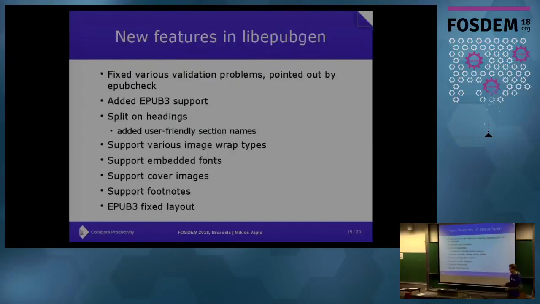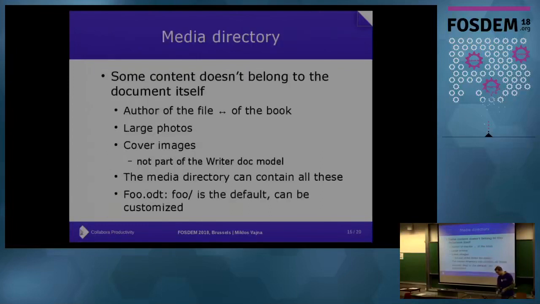So this is a long list of features that I had to add to libepubgen. And this means that by the time of the 6.0 release, also a libepubgen release was made, which is basically the fallout of all the mentioned features.